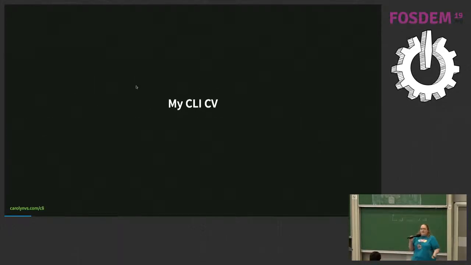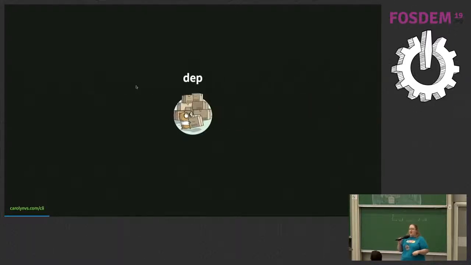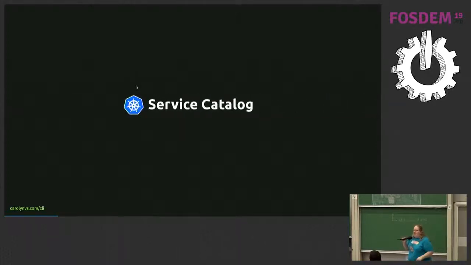I did say I've worked on a lot of command line tools. Real quick, I'm going to be mentioning them by name, so I just want to go over what they are so you know what I'm talking about. I wrote the Docker version manager, called DVM. You may have heard of dep. I'm sorry, that was me. The Kubernetes service catalog CLI is svcat.